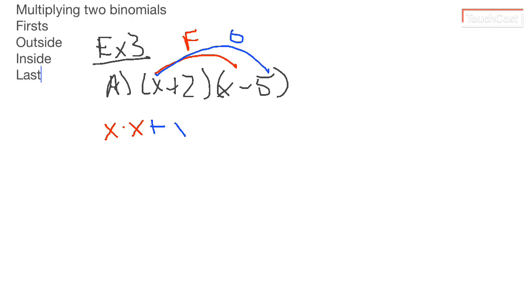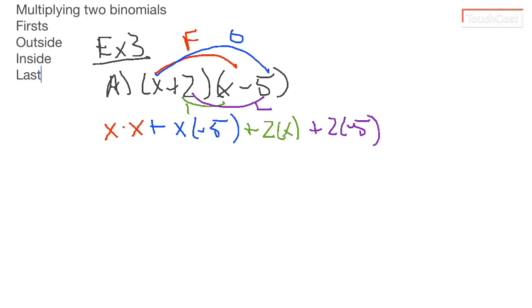We go x times negative 5 plus our inside terms, 2 times x, and then we take our last terms, plus 2 times negative 5.